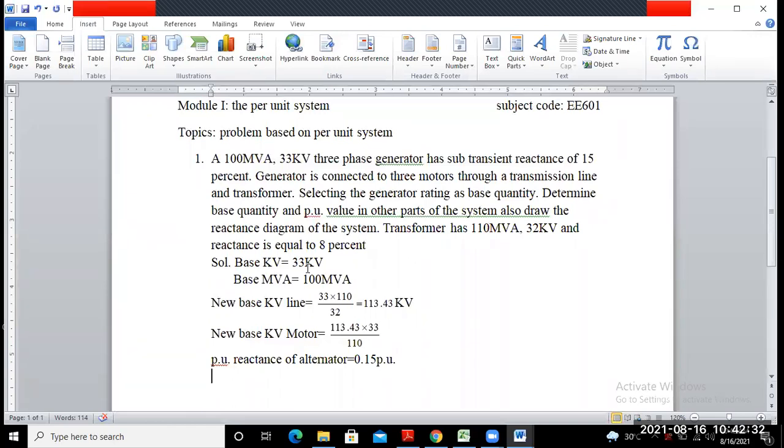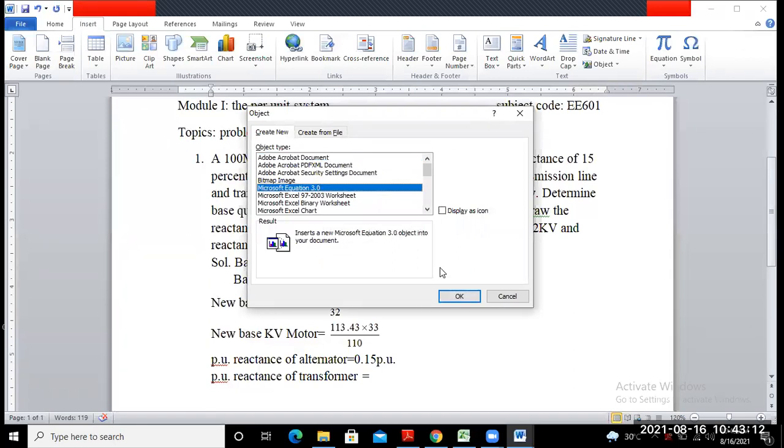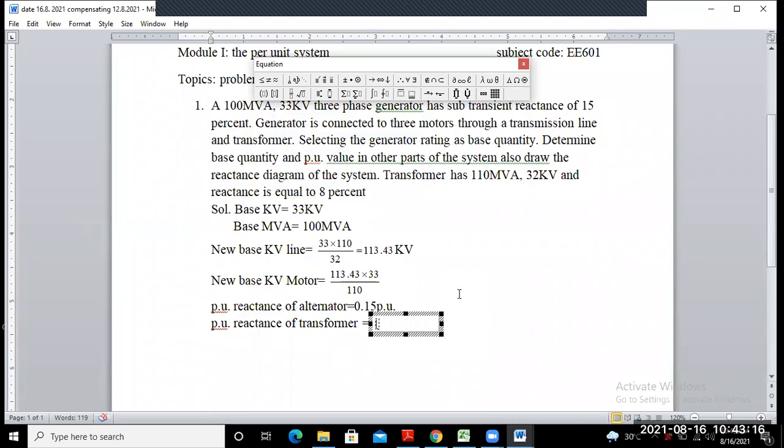So just convert the per unit reactance of the transformer on this base MVA, using the formula: per unit value old into MVA new by MVA old into kilovolt old by kilovolt new whole square.